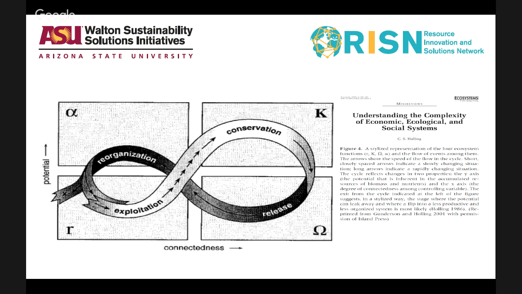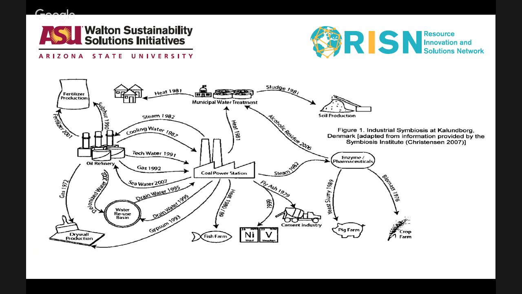The irony of the graph is that the closer you get up to conservation, the more efficient things are getting, but also they can get brittle. When the resource environment is disrupted or when the relationships are disrupted, you can get a release of these resources. This is the lower right hand, the omega, a reorganization, and start the whole cycle over again. So the growth of the whole industrial revolution, the growth of an industrial economy, is an example of how we moved from exploitation up to conservation.